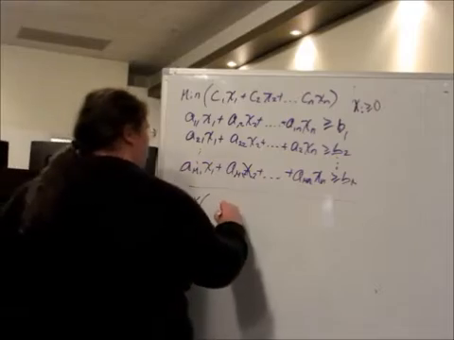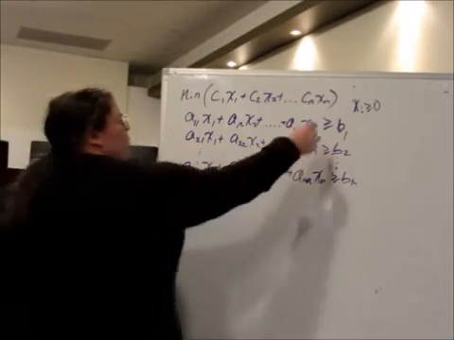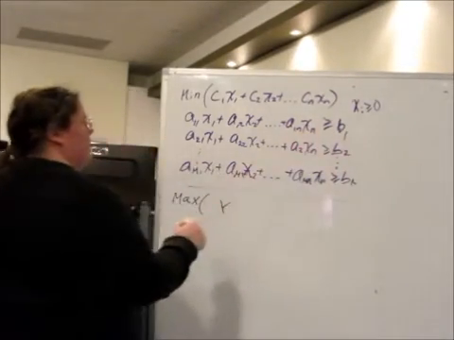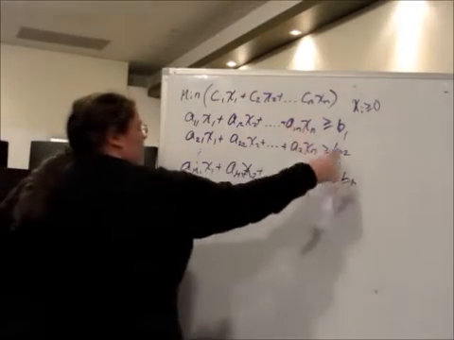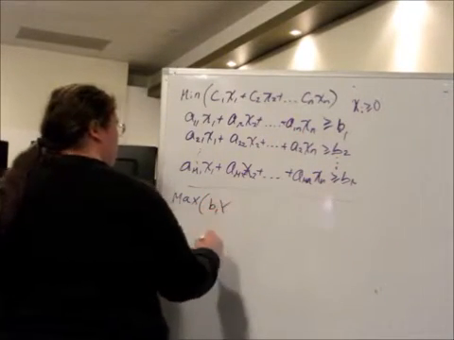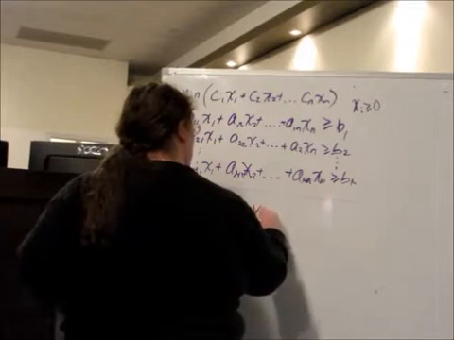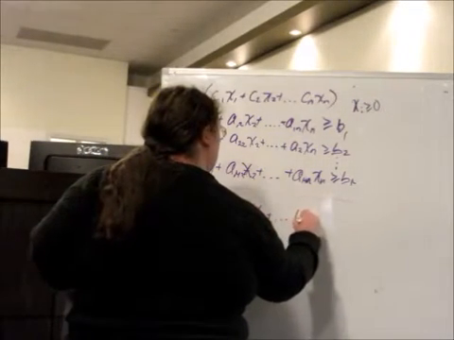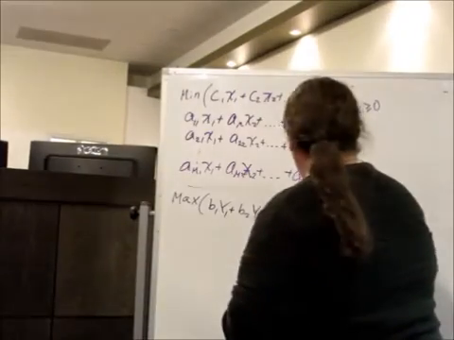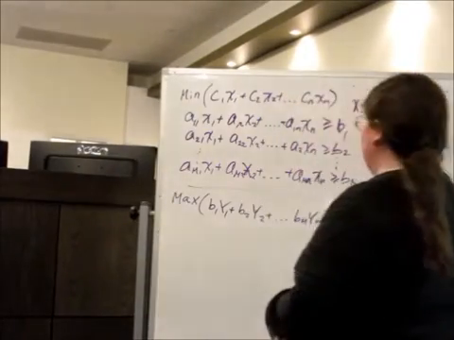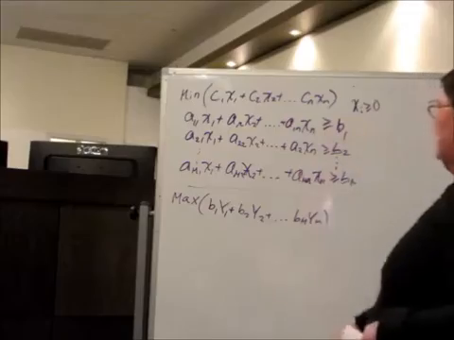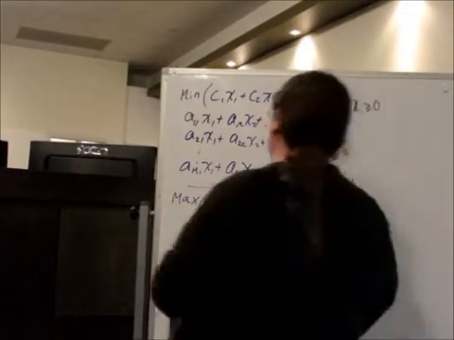And we're going to have these variables y, and they're going to come from these m expressions here. And their weights are going to come from here too. So b1 y1, b2 y2, through bm ym. And we're going to have these constraints again. They're going to look just the same.